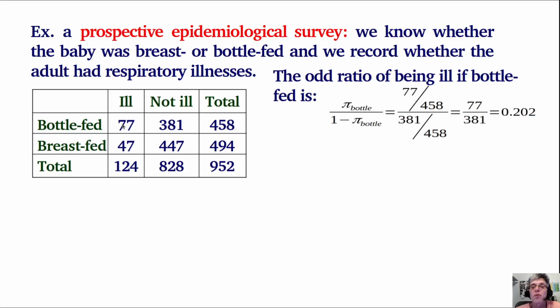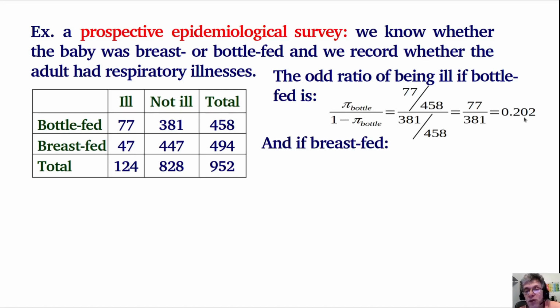We can compute the odds of being ill if bottle fed. That is, we are in the first row of the table, 77 divided by 458, and the complement is 381 divided by 458. This odds is 0.2.